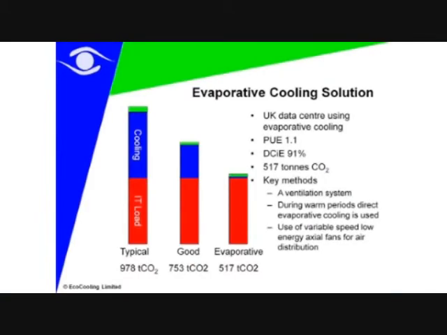So what can we do to improve things? If we use a ventilation system and use evaporative cooling instead of refrigeration, then it is technically possible to achieve a PUE of 1.1. That's an incredible level of saving, and in some cases, it looks too good to be true.